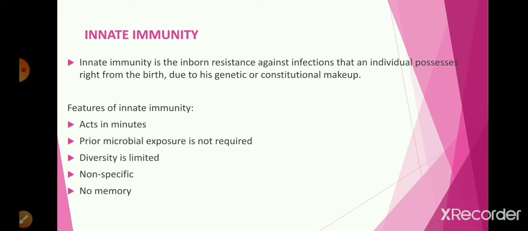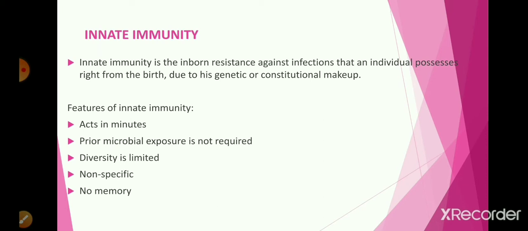Basically, the innate immune system acts after exposure to a microorganism. When any microorganism or pathogen gets inside our body system, the innate immune system fights against those pathogens without recognizing what type of microorganism it is or what it actually causes. They just know that these are pathogens, so we have to eliminate them, and they act in hours or in minutes.